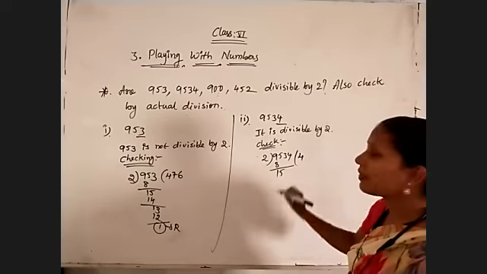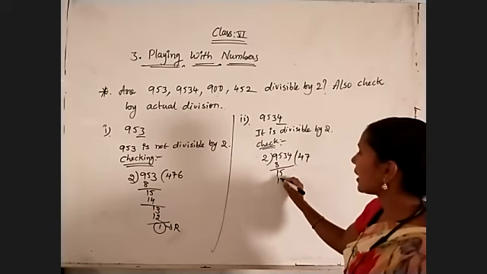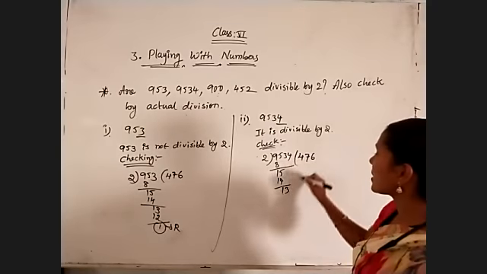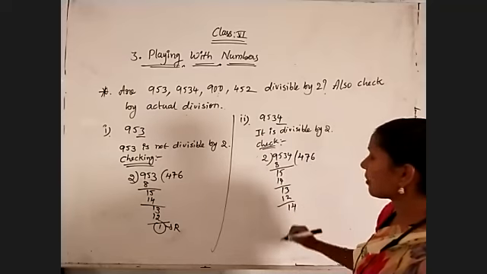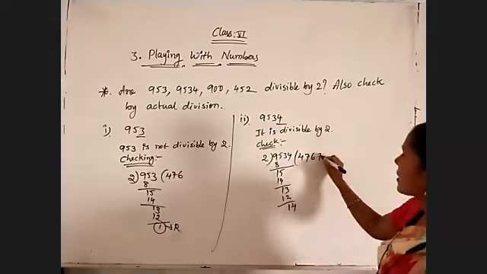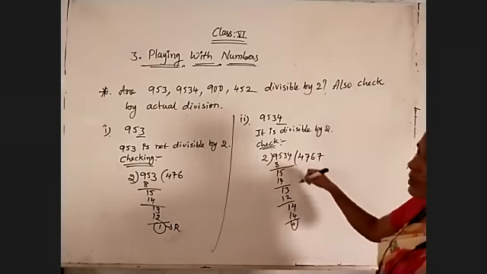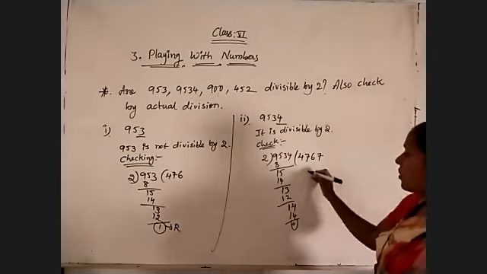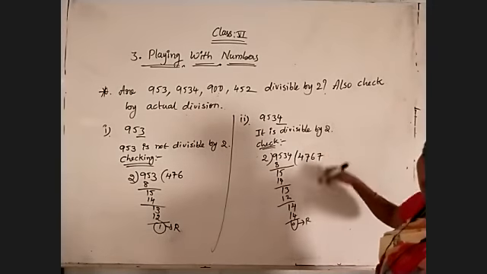Take down 5. 15 I got now. So 2 7s are 14. And 1 is the remainder. 3 take down. 2 6s are 12. 1 is the remainder. Take the remaining number, 14. So 2 7s are 14. Remainder is 0. Now no more numbers are there. So we got the remainder as 0. That means this number is divisible by 2.